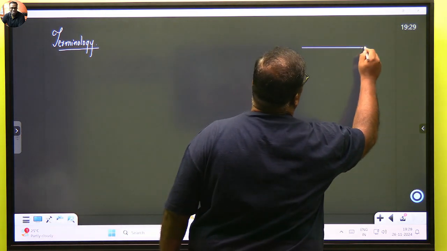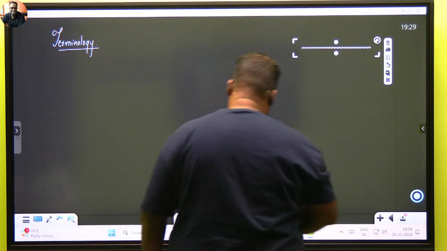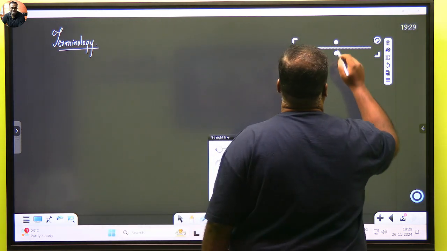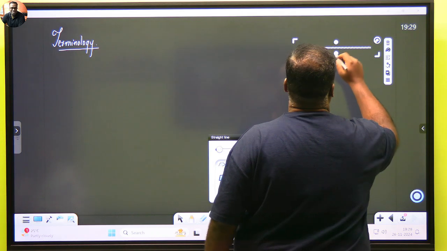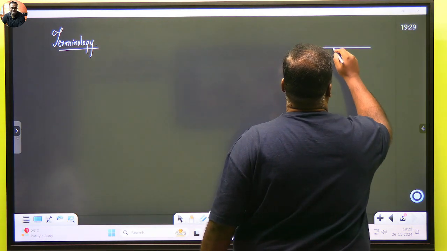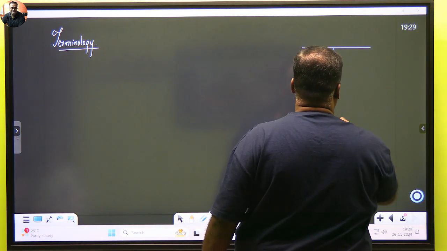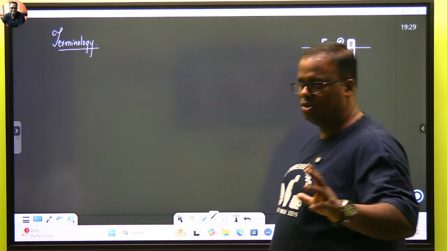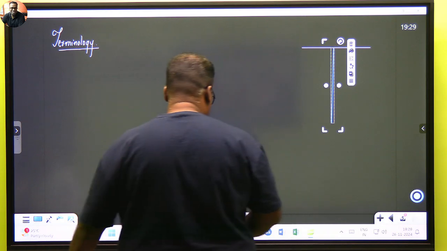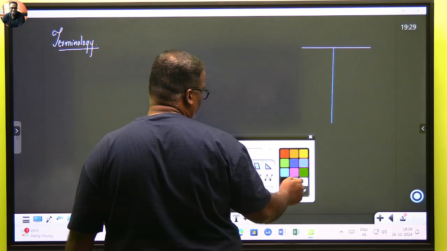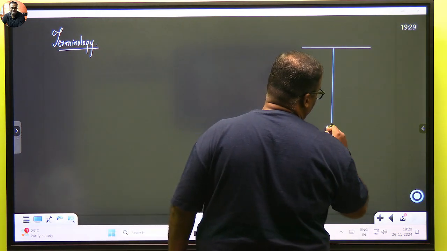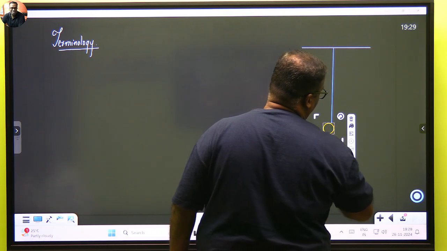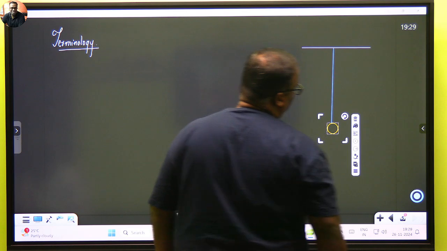A simple pendulum is a non-stretchable, observe my words, non-stretchable string. Non-stretchable means the string cannot be elastic. And at the end of the string, I have a ball sort of thing, and this is known as the bob.